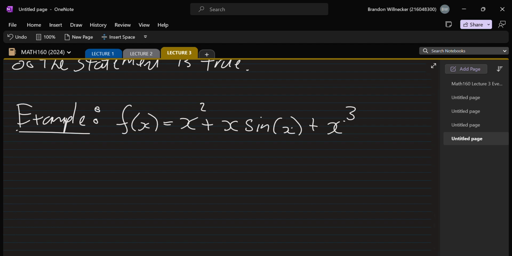The first term, x squared, even or odd? Even. Good. Just x by itself, even or odd? Odd. Sine of x, even or odd? Odd. Sine is odd. Sine function is an odd function.